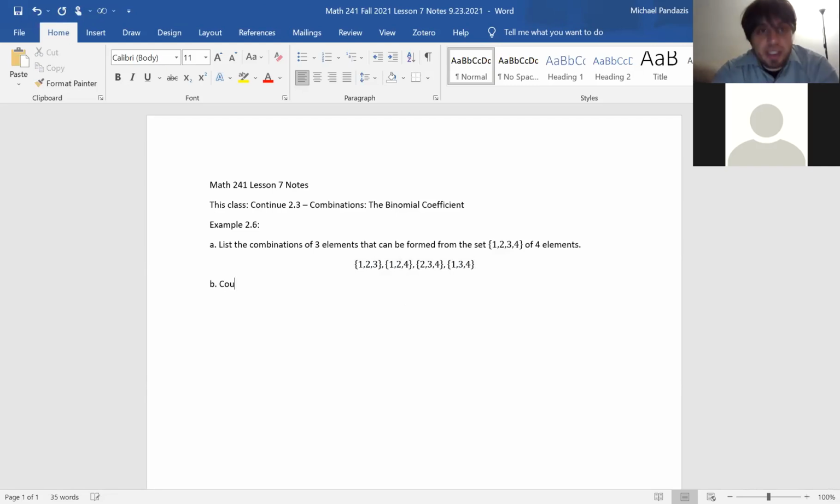Okay, so B is: count the number of combinations of 3 elements from a set with 4 elements. So it's the number of ways that you can choose 3 of the things in that set. Order does not matter. From A, the answer is obvious.